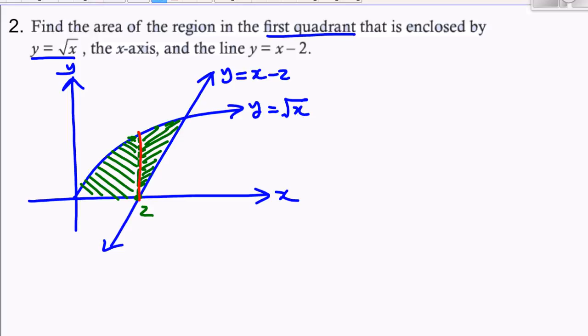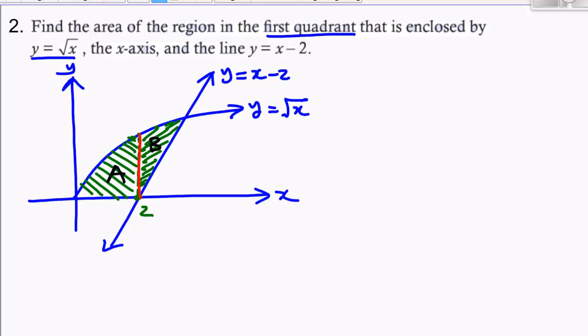If you inspect, you can see that area A is under the graph y equals the square root of x, but area B is between the two functions.